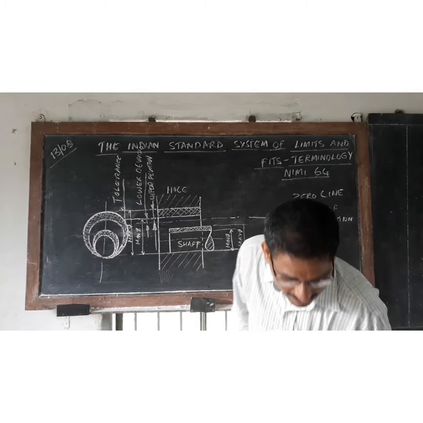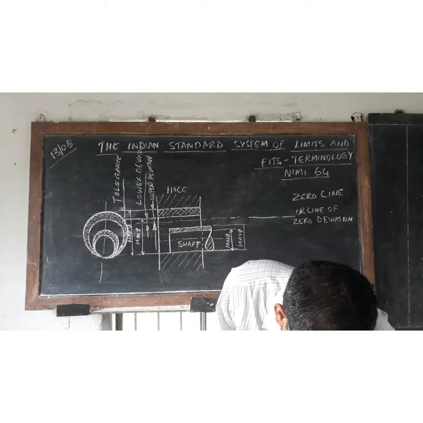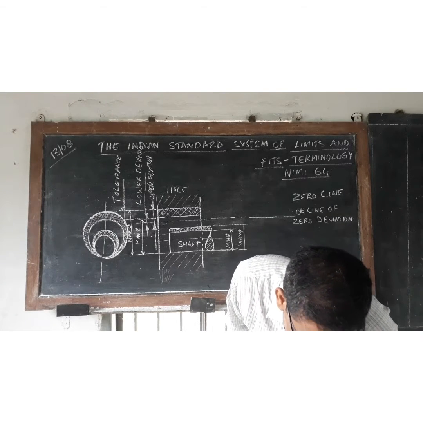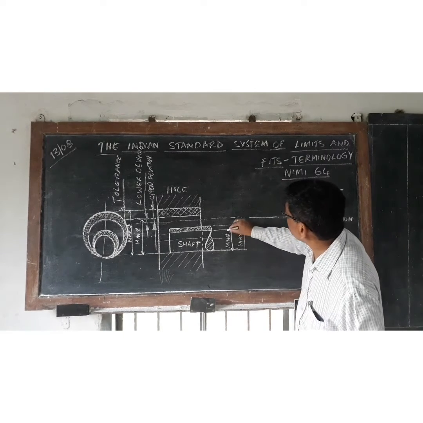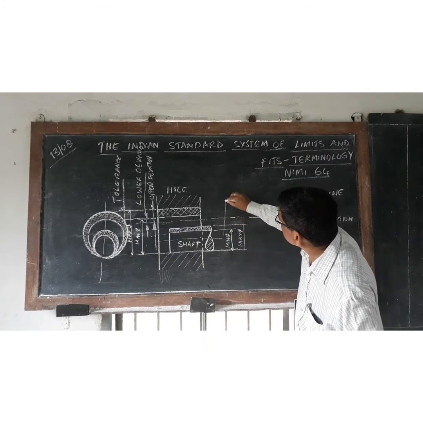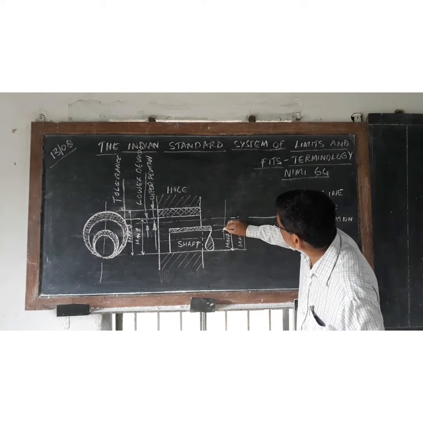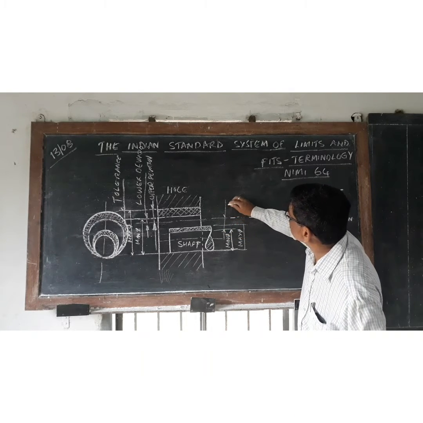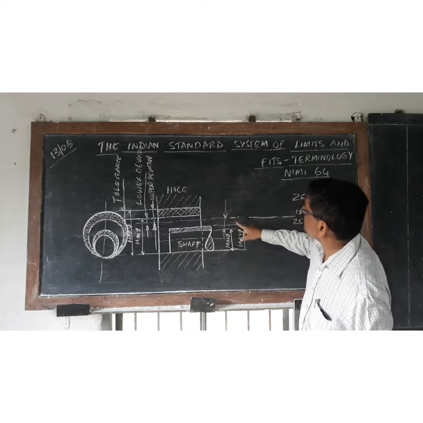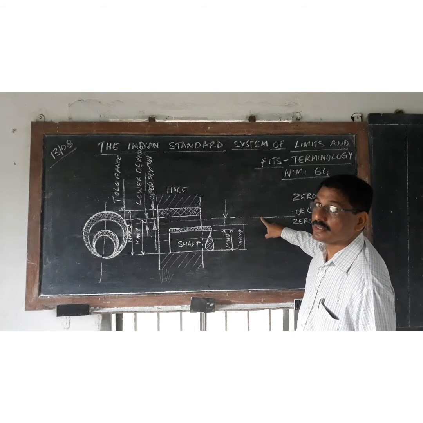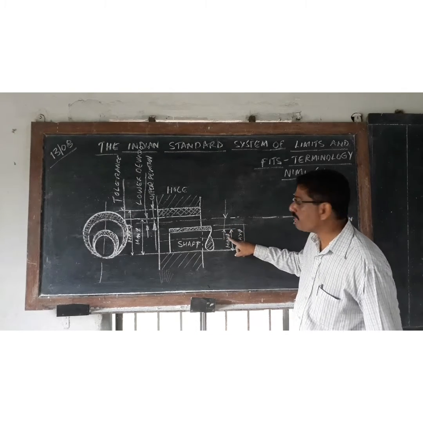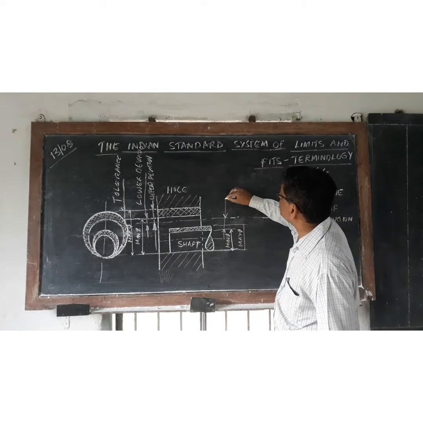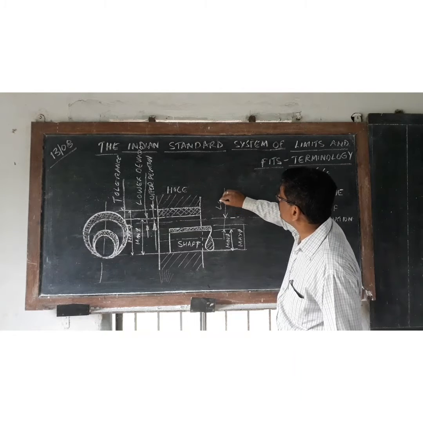Now from the basic zero line up to the minimum diameter, it is called the lower deviation.